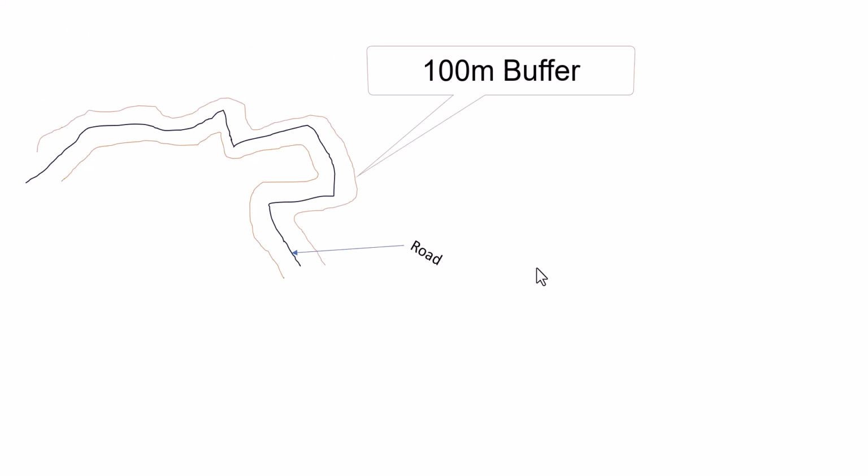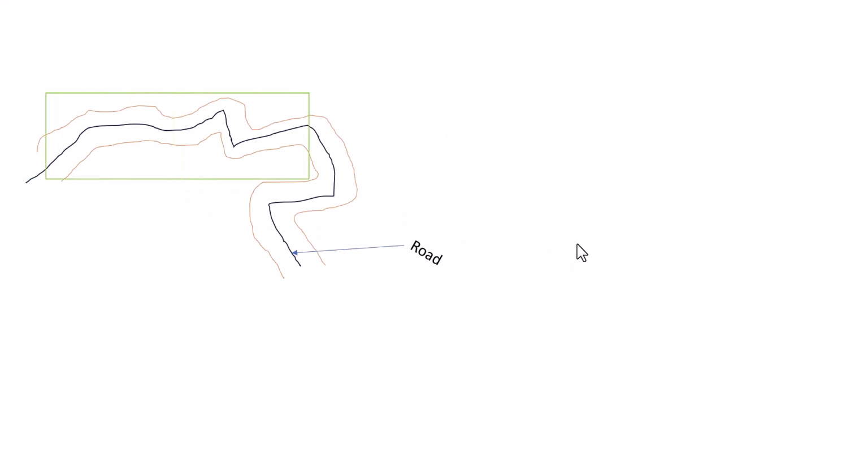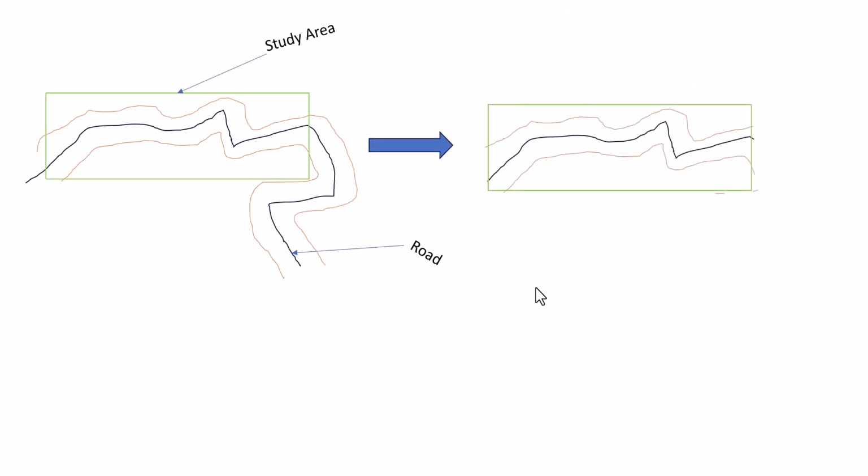Now, to streamline our focus, we'll introduce study area boundary data, and this will now result in a refined output in which we showcase only the buffered roads within a specific study area, as you can see in this case.